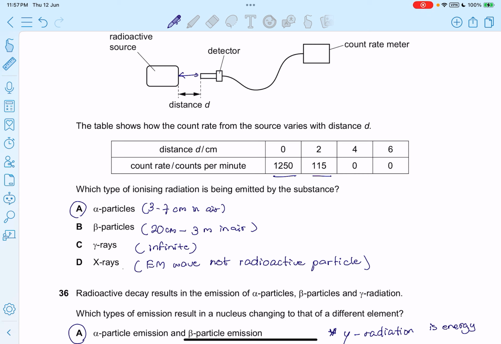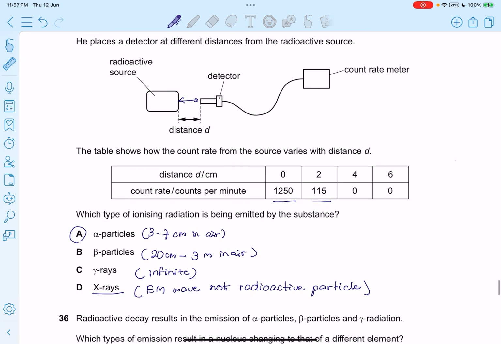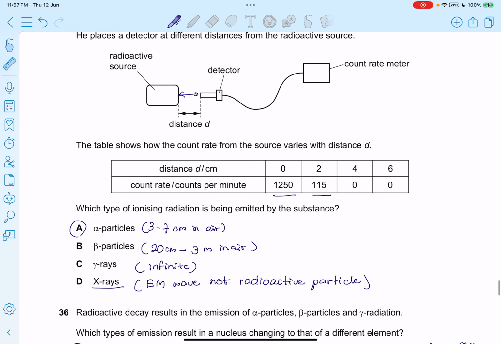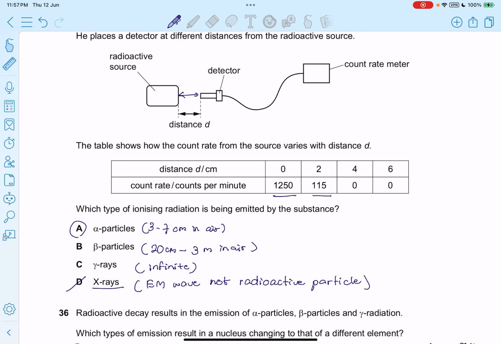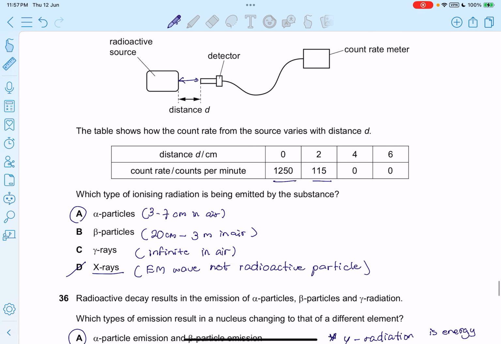And for D, EM wave, X-rays are not even radioactive particles or emitted from a radioactive source, so D is already not a choice. Gamma rays are infinite in air only. It gets stopped by a thick lead wall. So 35 is A.